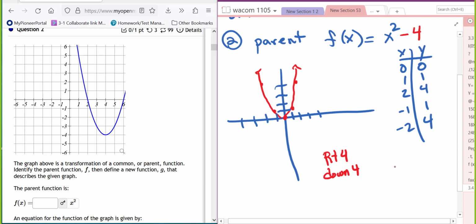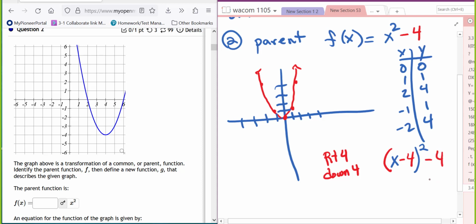So I'm going to have x, and you write the opposite for the x. So it shifted to the right 4, so I'm going to do a minus 4 in here because left and right is opposite. Keep your parentheses, square, and this minus 4 on the outside is your vertical movement.